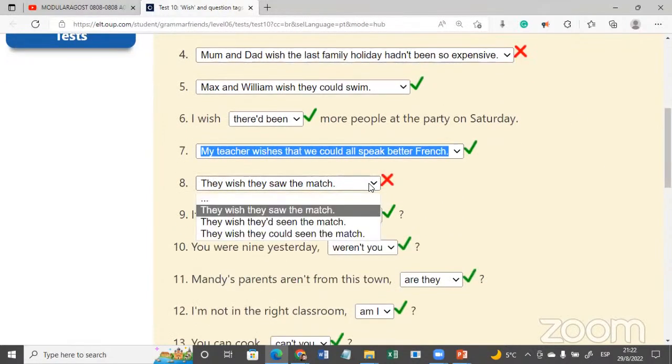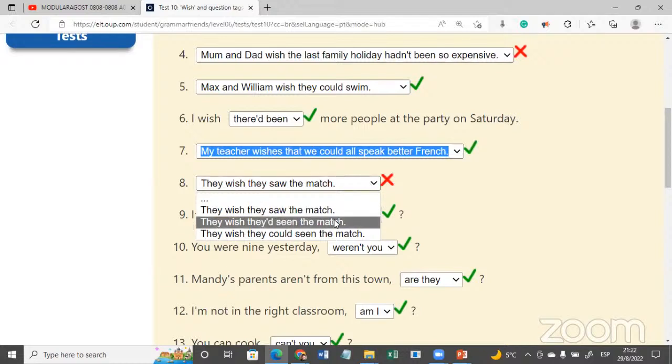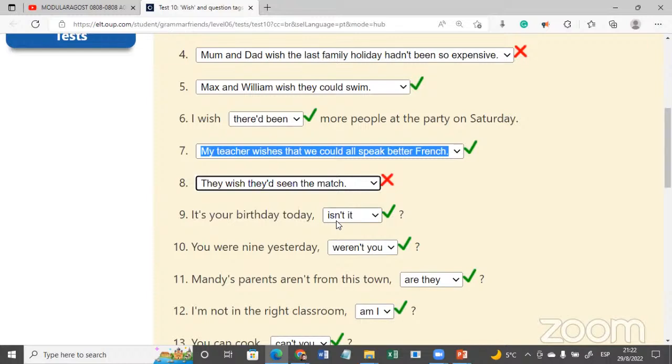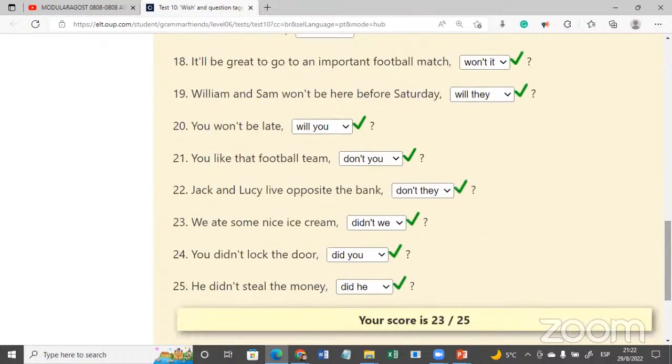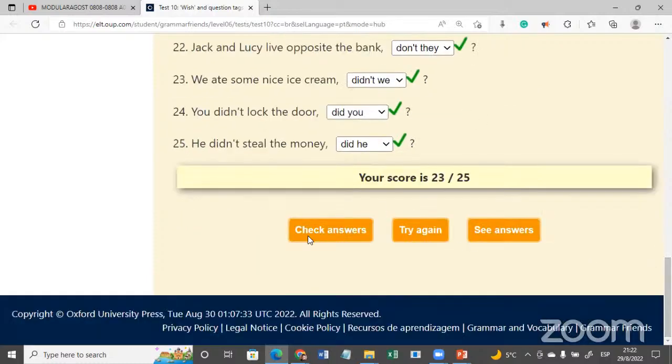And this one: they wish they saw them. Ah, no, yes, of course. They wish they'd seen the match. I think everything is correct.